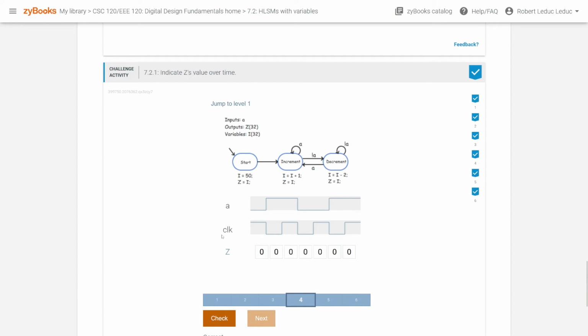So we see that, again, for our initial two values of Z, we have not reached our first rising edge yet, so we're going to be in the initial state, which is the start state. In this state, we're told that the value of variable I is 50. And since Z equals I, the value of our output Z will be 50 as well.